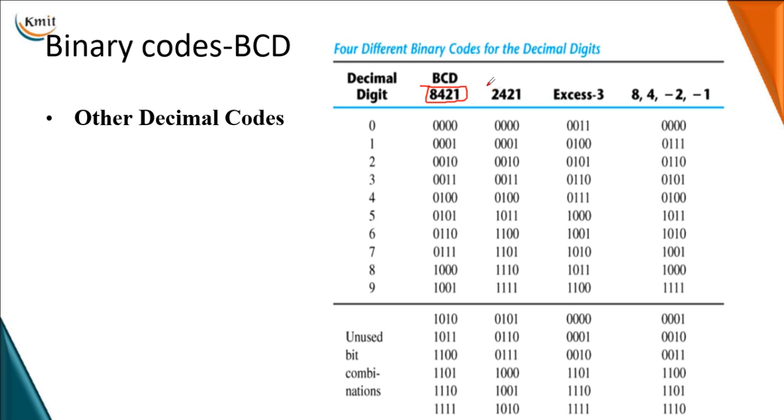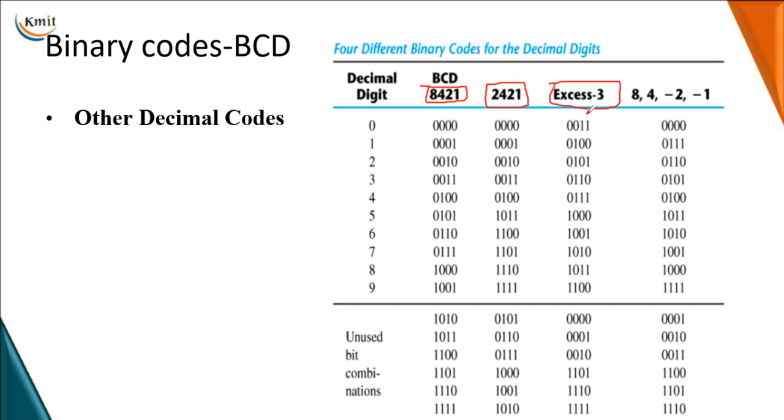In the same manner, there is another code where the fourth position has weight 2, the third position has 4, the second position has 2 and the first position has 1. And this is the XS3 code, which is a non-weighted code. Weighted codes have positional weights, while non-weighted codes don't.